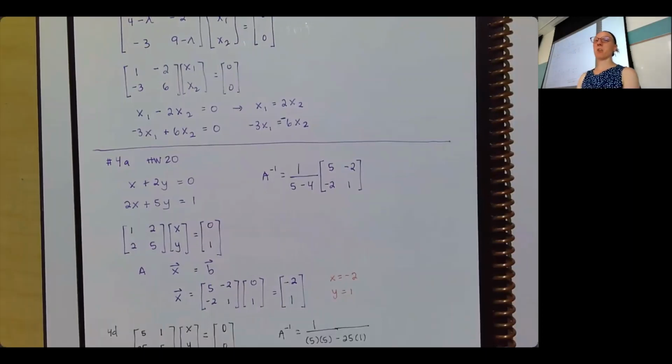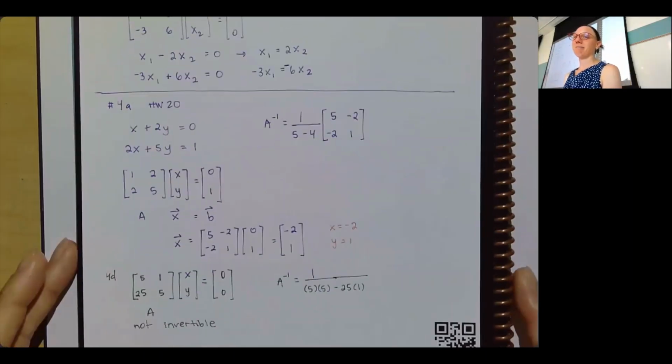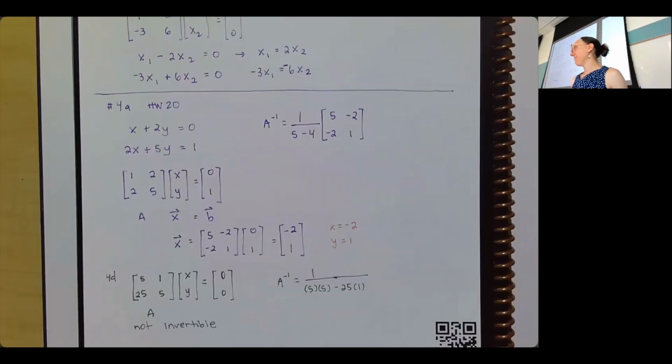And if it's not invertible, then I know that I've either got parallel lines or the same line. So which is it? Do I have parallel lines or the same line? I do indeed have the same line.